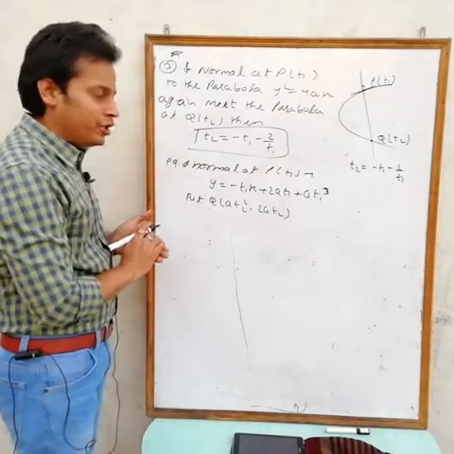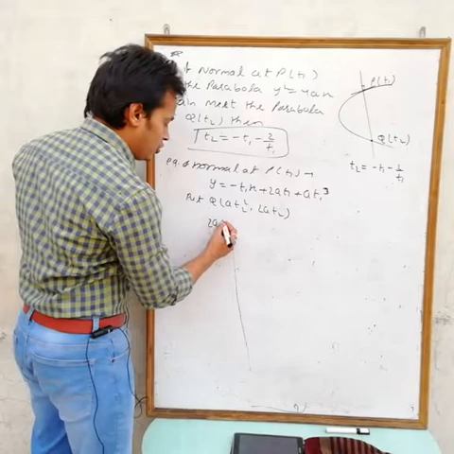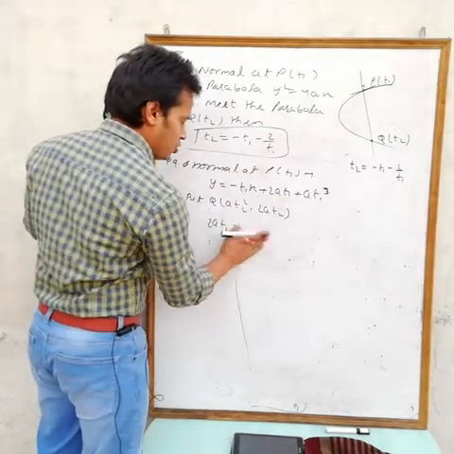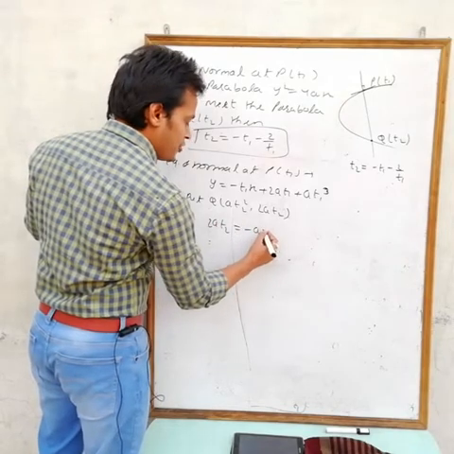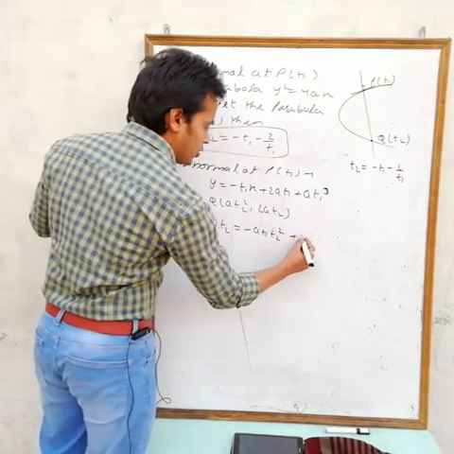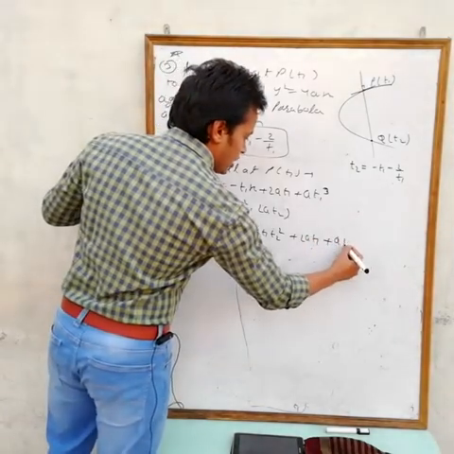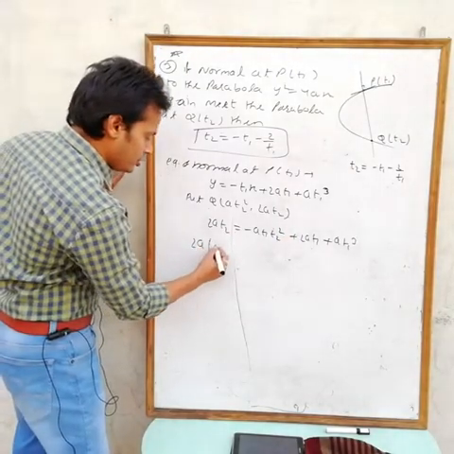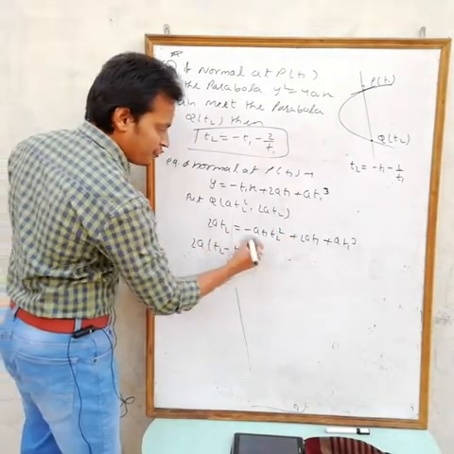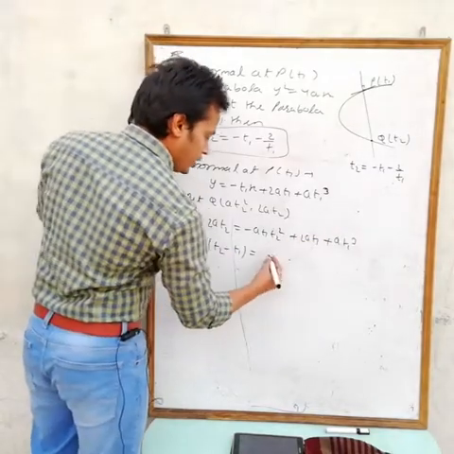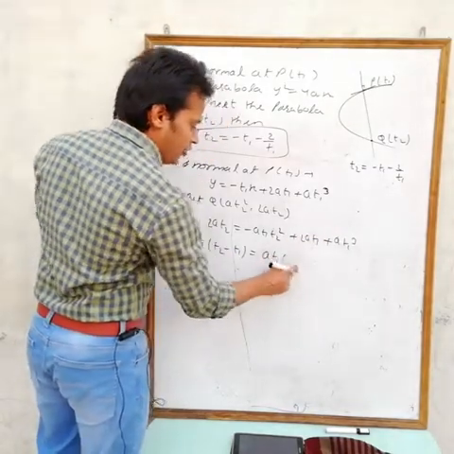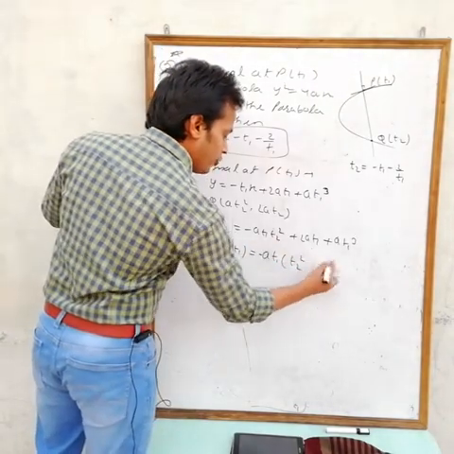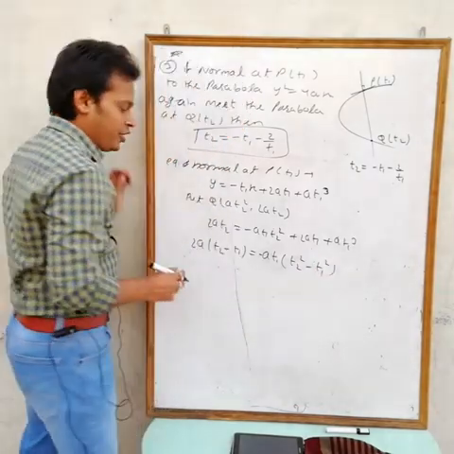If you put this point in this equation, what will you get? 2a T2 equals minus T1 times a T2 square, so I can write minus a T1 T2 square plus 2a T1 plus a T1 cube. Now if you take 2a T1 to this side, you can take common 2a, then you will get T2 minus T1. In these two also we can take common a T1. If you take common a T1 with a minus sign, then here you will get T2 square, and from this one minus T1 square.